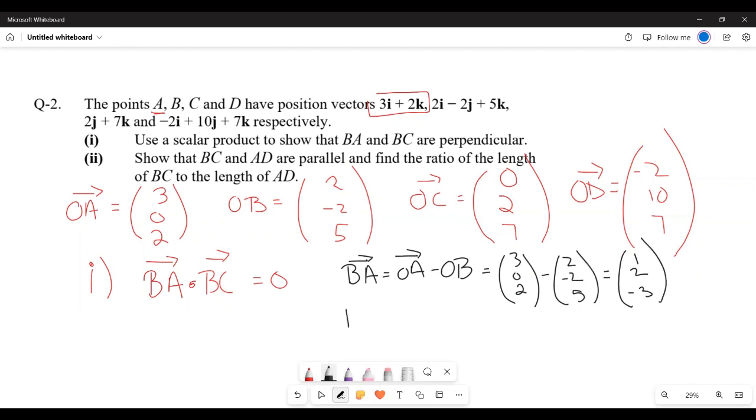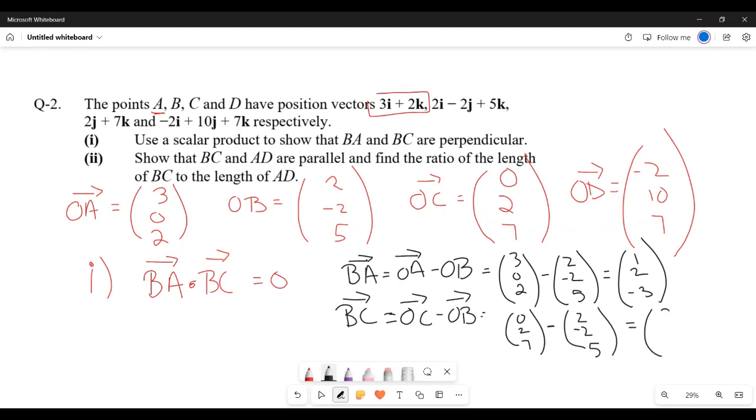So that would be 3, 0, 2 minus 2, 2, 5, which would be 1, -2, and -3. Keep an eye on my working, please. BC would be OC minus OB. 0, 2, 7 minus 2, 2, 5, which is 2, 4, and 2.